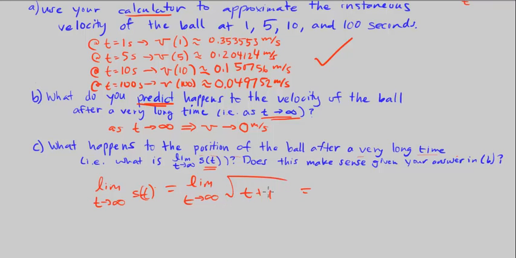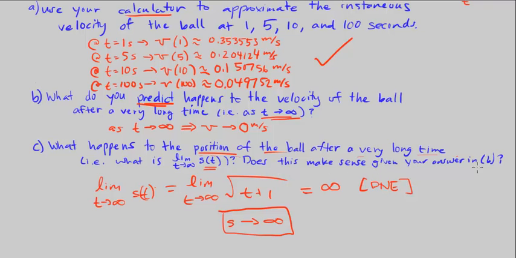And as we approach infinity, the square root of infinity is still approaching infinity. We don't like to say equals infinity, since we know that infinity does not exist. But still, what happens to the position of the ball? S is approaching infinity. That's going to be my answer.